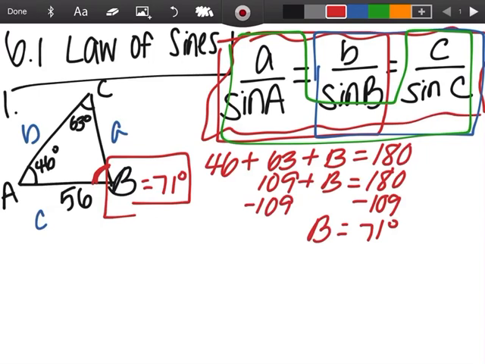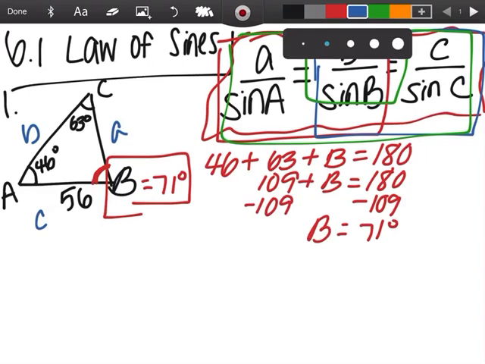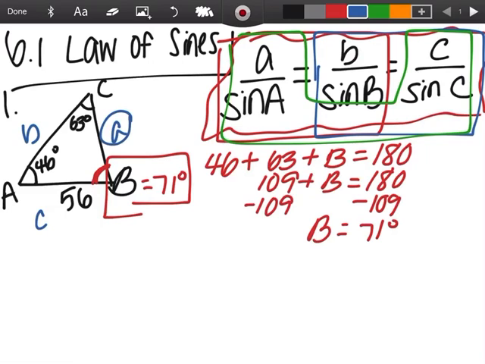Next, I can either solve for side A or side B. It really doesn't matter. I'm going to solve for A first, because alphabetically. I'm trying to find side A, which means I need angle A, which I have. So side A over the sine of 46.